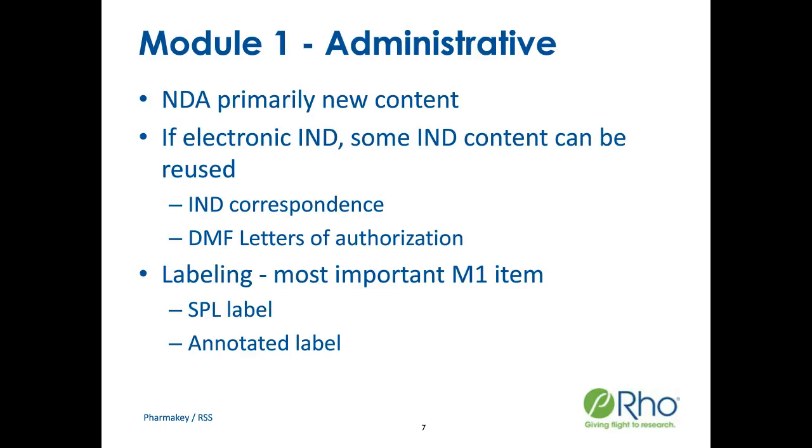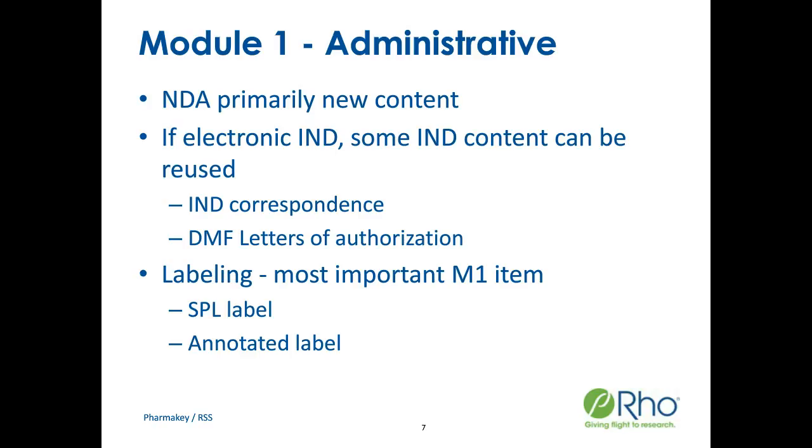But having a draft label, a package insert, and knowing where all those statements that your marketing folks or you want to make on that label, knowing where all the data that supports all those statements, because you're going to need to annotate that label and support all those statements. And that is a key part of the NDA, and it's one that I often see folks leave to the end.